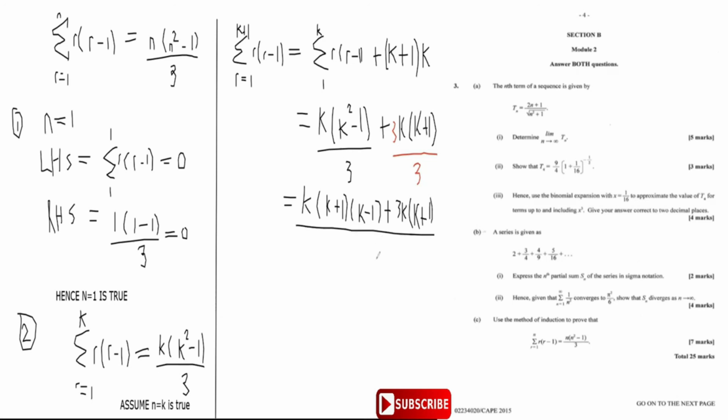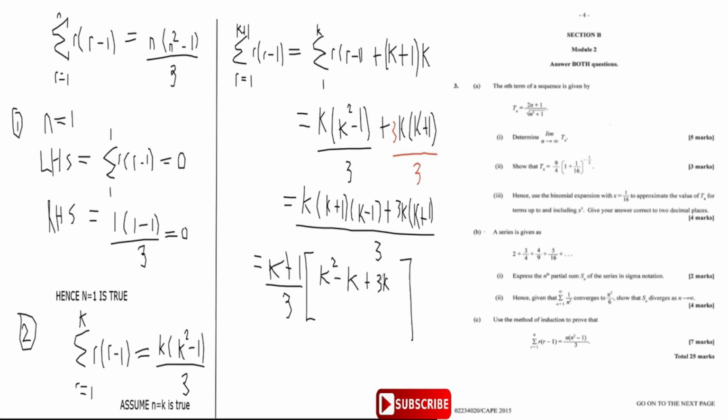So then all we have to do now is factor out k plus 1 divided by 3. Factoring out k plus 1, we're left with k times k minus 1, which is k squared minus k, and then plus 3k.